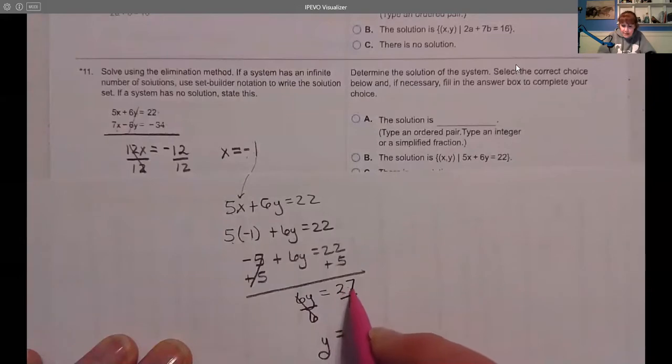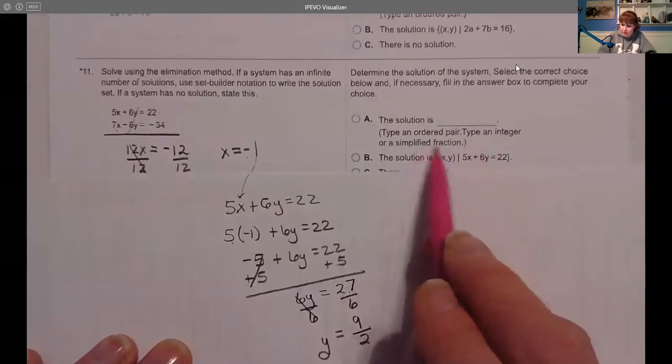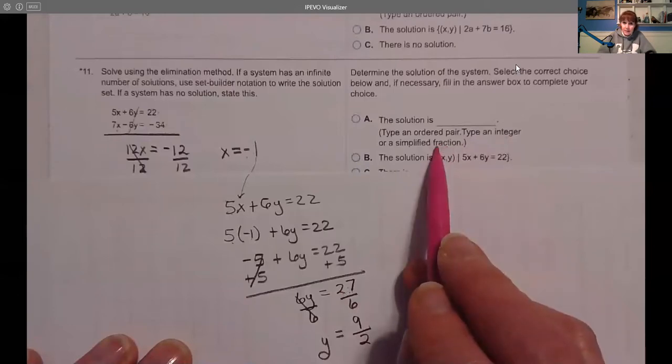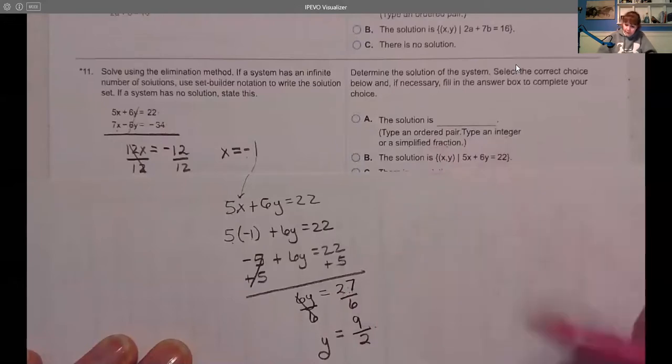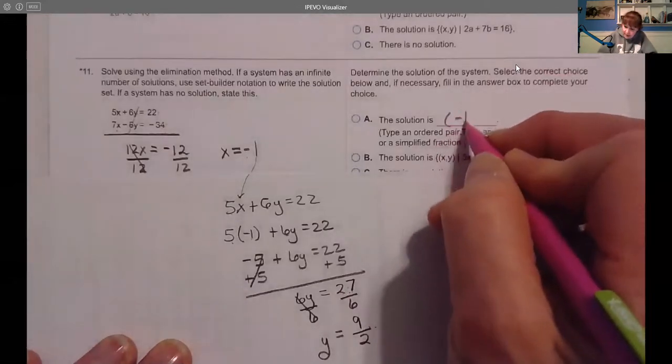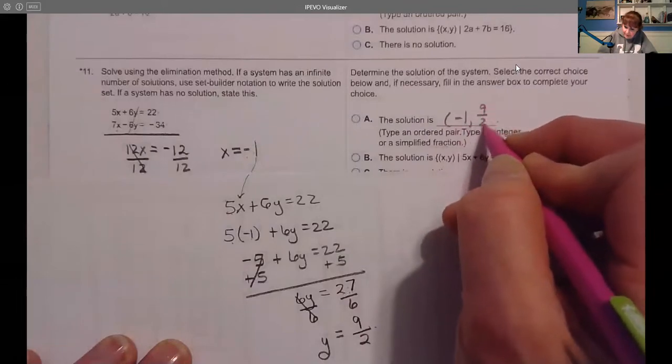Because 2 plus 7 is 9, 3 goes into 9, so 3 goes into that. All right, so 3 goes into there 9 times, 3 goes into there twice. And it tells you to use an integer or a simplified fraction here, so don't make it a mixed number. Leave it as 9/2. So my point of intersection is (-1, 9/2).